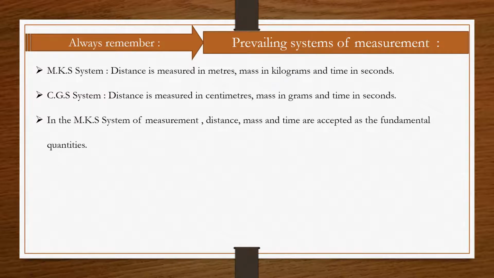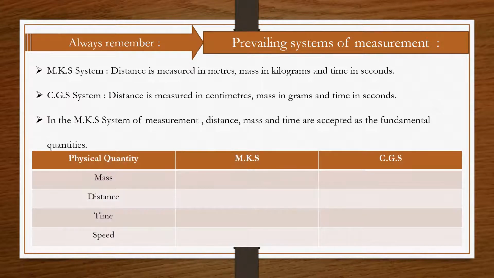Now students, we will just complete this table. The physical quantities are given and we will be understanding what is the MKS and what is the CGS unit for that particular physical quantity. Now for mass, the MKS unit is kilogram and the CGS unit is gram.